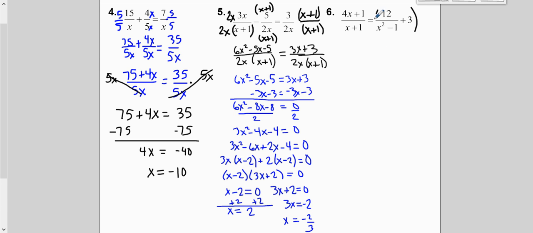I'm going to multiply everything by the LCD, which x squared minus 1 factored is x plus 1, x minus 1, so that will be the LCD for this fraction and this fraction. So that is what everything is going to get multiplied by. Give it a try. Pause your video and then unpause to check your answer.